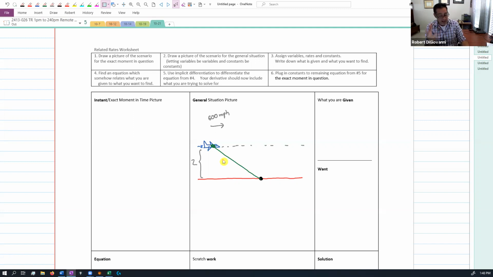Since that is actually changing as the plane flies, I cannot assign a number to it. I have to leave it as a variable. I'm going to call it H, because it might turn into a hypotenuse of something, but you can call it anything you want. I do recommend that you stay away from the lowercase letter d.